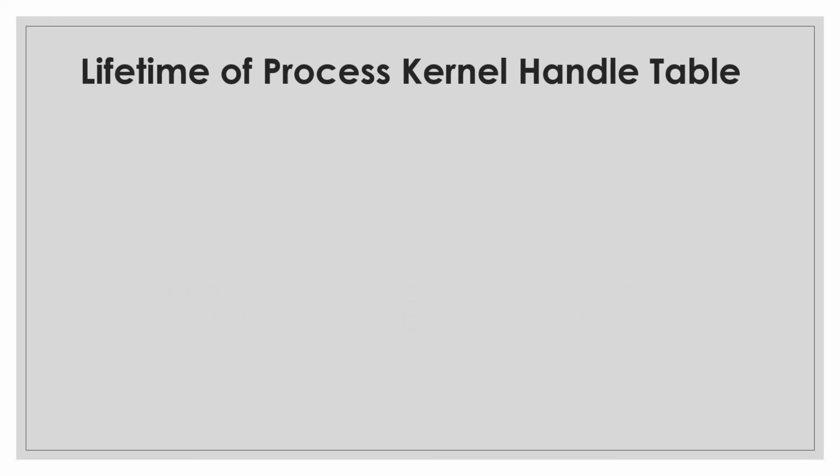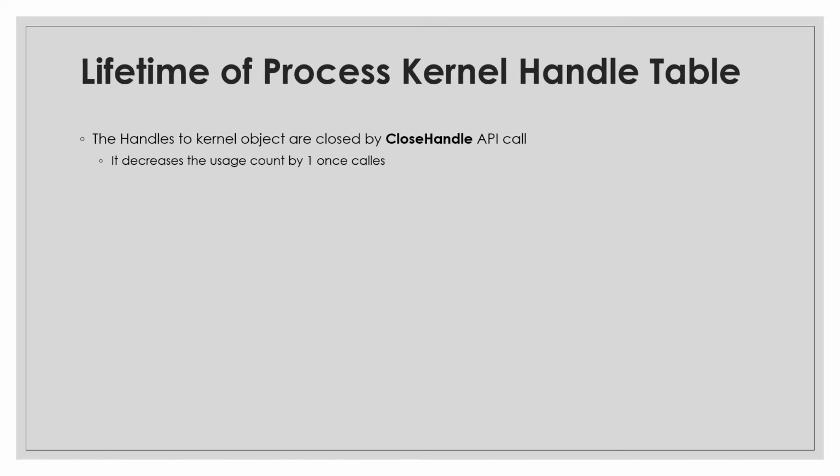Now let us discuss the lifetime of the process kernel handle table. The handles to kernel objects are closed by the CloseHandle API call. When you call the CloseHandle API, it decreases the usage count by 1. When the CloseHandle call makes the usage count 0, the entry will be deleted from the table index.